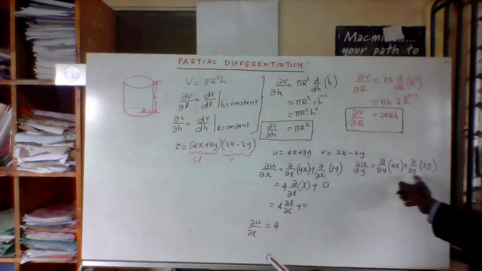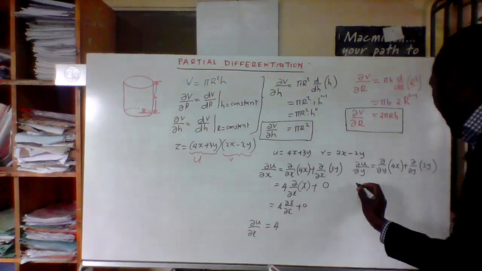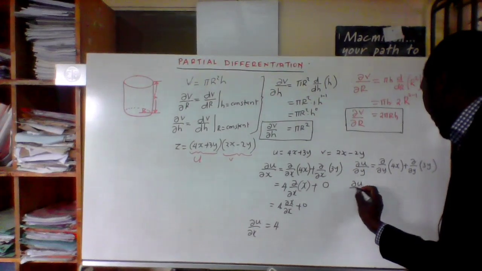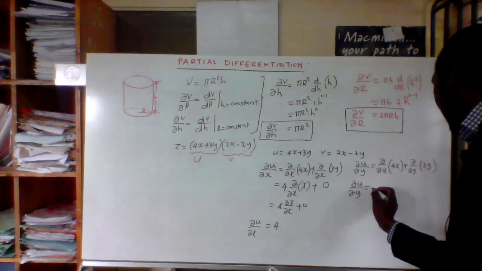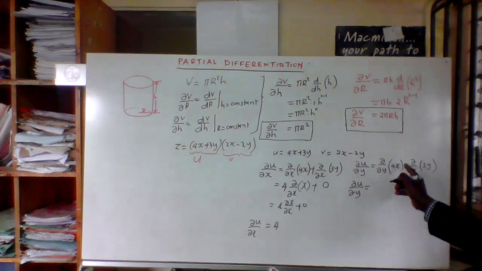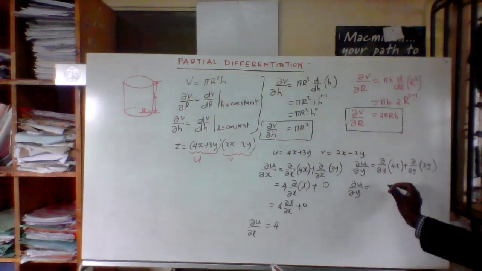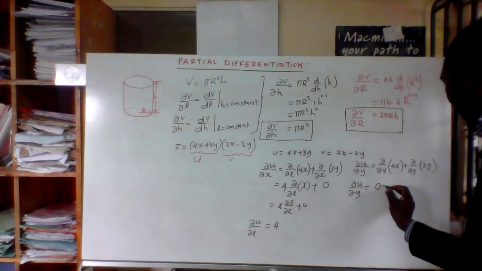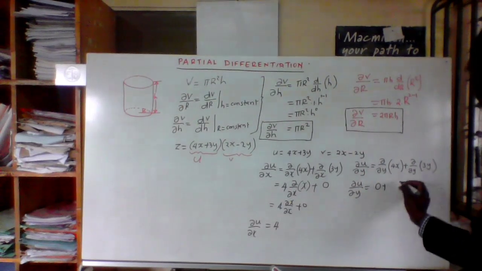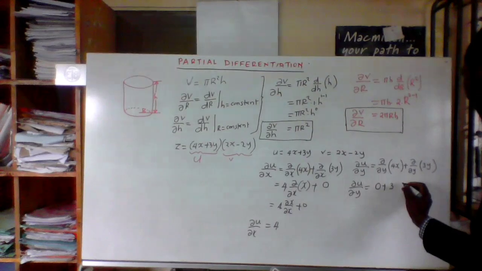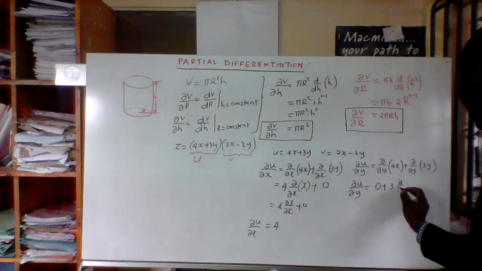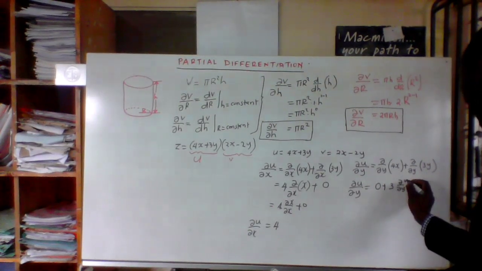Remember here x is treated as a constant, so the partial derivative of u with respect to y is equal to, because there is no y here, 4x is a constant, and if you differentiate a constant you get 0. Then we add 3 is a constant, it can sit outside here. Then we have the partial derivative with respect to y of y.